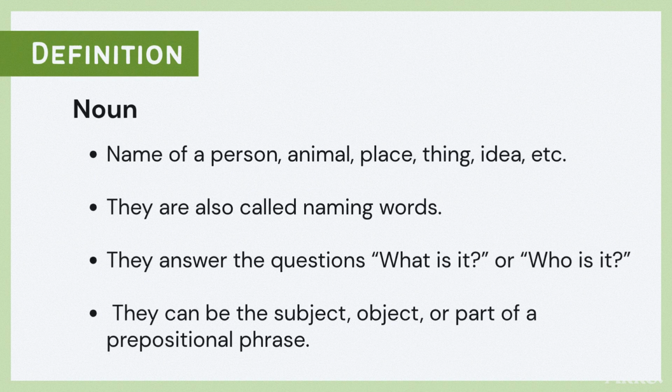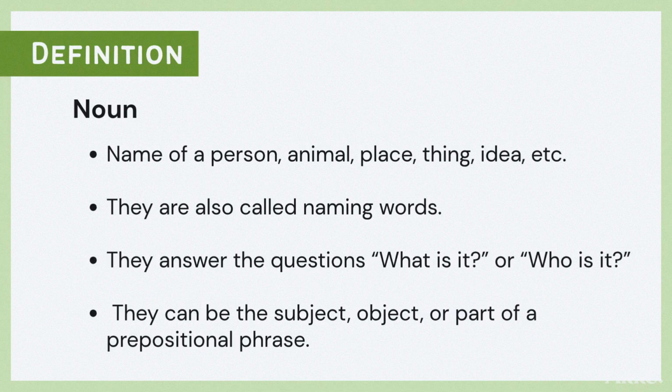Again, a noun is a name of a person, animal, place, thing, idea, and many more. They are also called naming words because they give names to basically everything we talk about. They answer the questions, what is it or who is it?